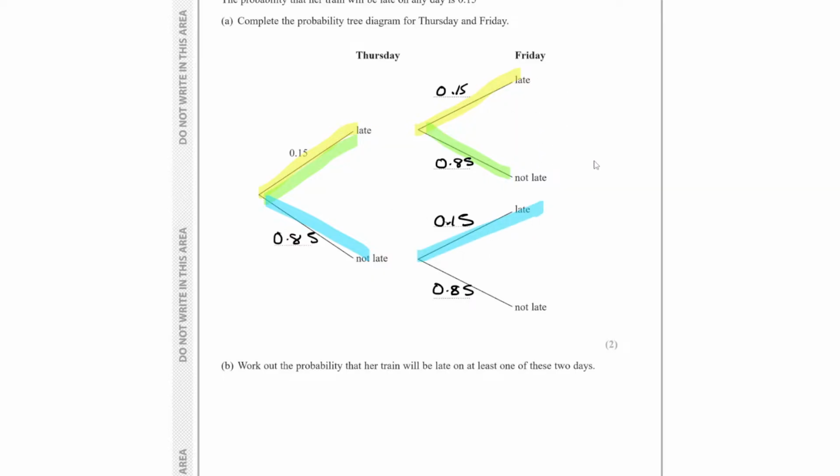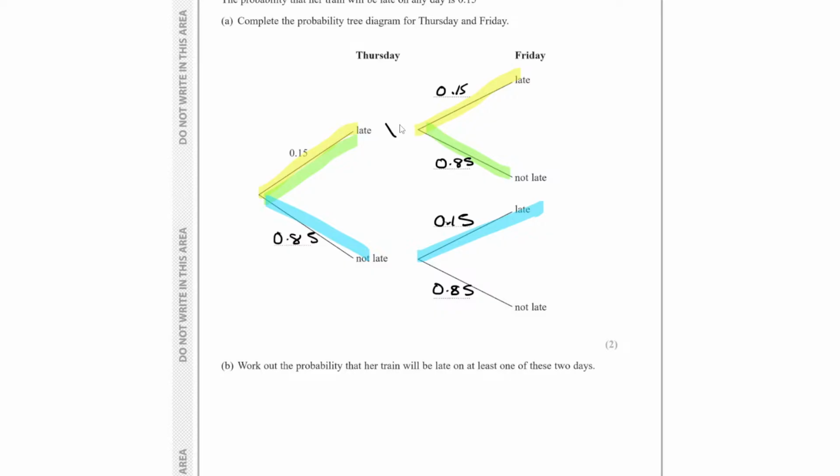You can work out all 3 of these if you feel confident enough. Or you can identify that the only scenario not included is not late and not late. So if you don't want to work out all 3 options, you can work out the one that is not included and then do 1 minus that. You can do either of those, it's up to you.